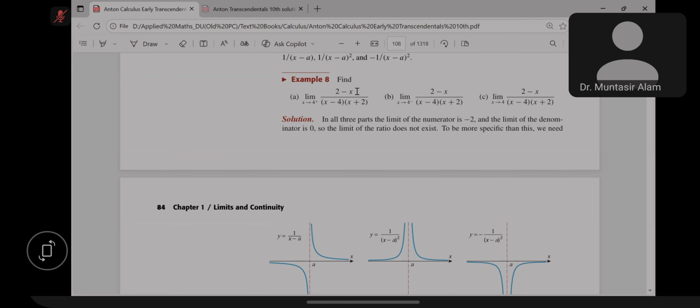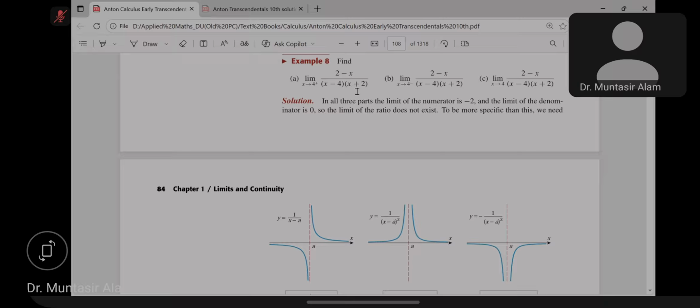So what should be the ratio of -1 and +1? Minus. That means the limiting value is infinity, but due to the sign, it should be minus infinity. Do you understand? Yes, sir.